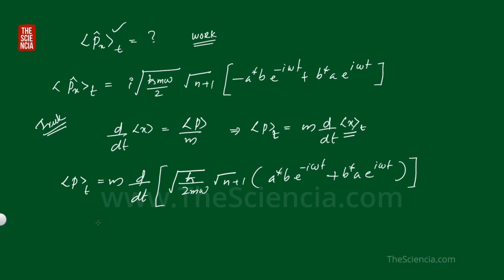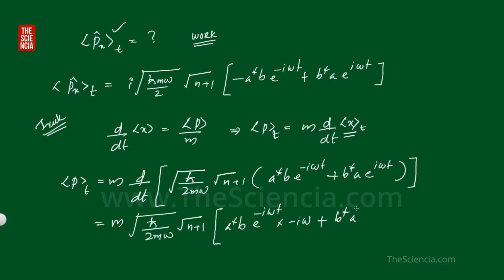Now just solve this derivative, that is m into, we can take these constants outside, that is root h cross by 2m omega root n plus 1, and now we have to take the derivative, that is a star b, and the derivative of the exponential function is e raised to minus i omega t into minus i omega plus b star a, the derivative of the exponential function is e raised to i omega t into i omega.